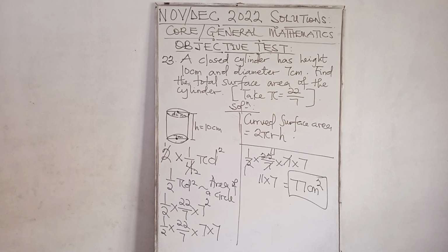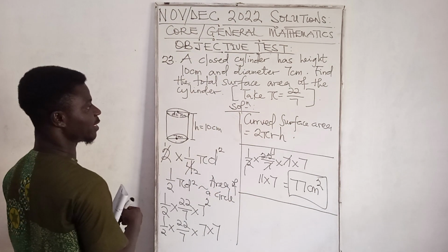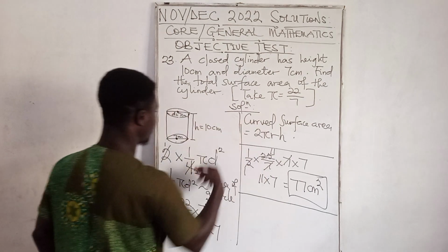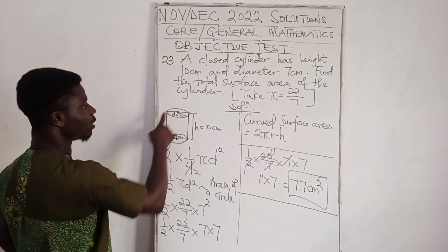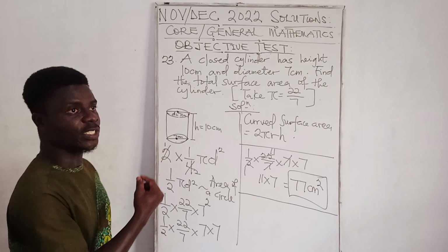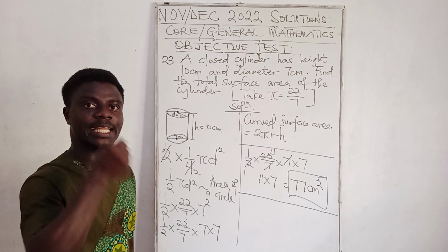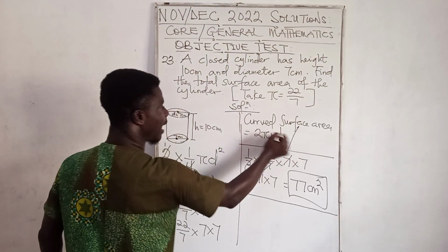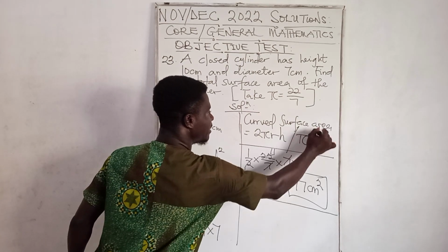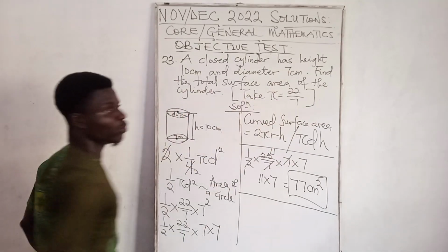So now we have to find the curved surface area, which is 2 pi r h. But this time around, we don't know r. We know d. But you can still use this formula: to find r, you divide the diameter by 2. Or if I don't want to find r, I can use pi d h, the diameter straightforward, multiplied by h.